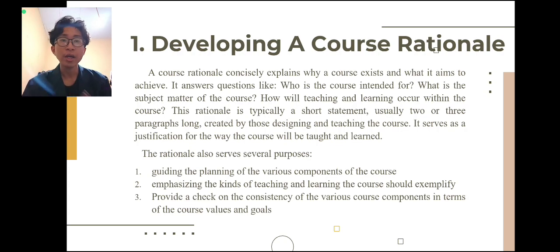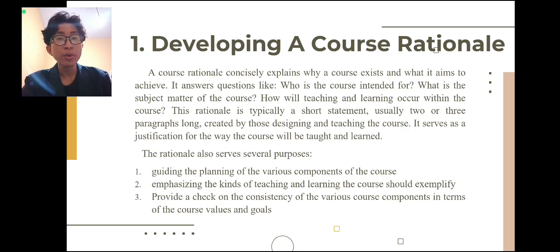Let's take an example. A course rationale might look like this. This course is intended for working adults who want to enhance their English communication skills to improve their job prospects. It covers basic communication skills needed in various work environments. The course aims to help participants identify their language learning strengths and weaknesses, boosting their confidence to use English effectively for their goals.